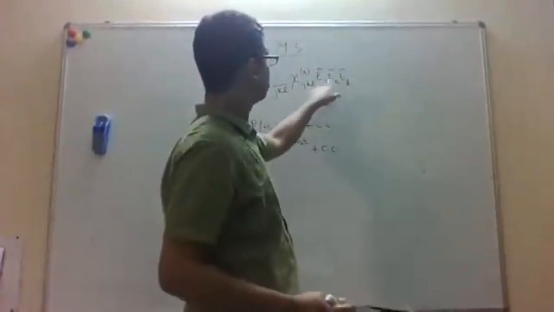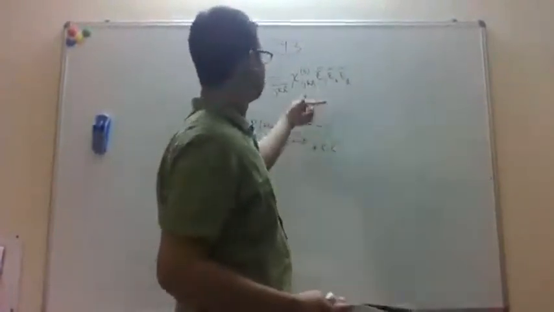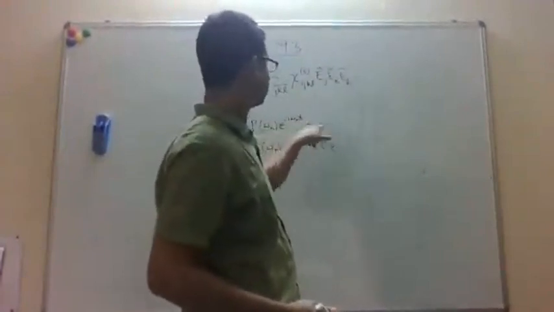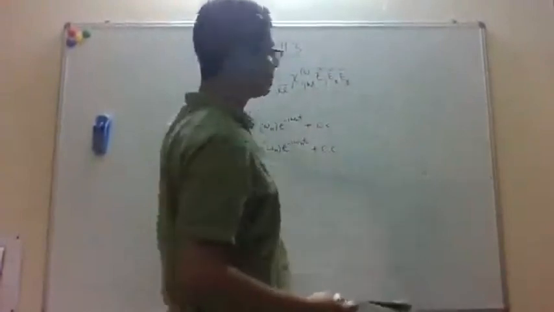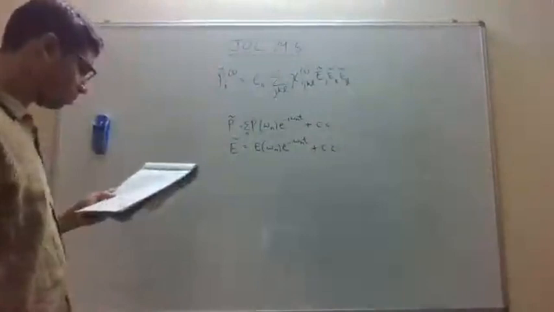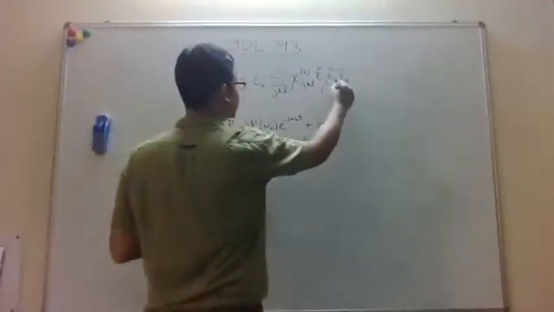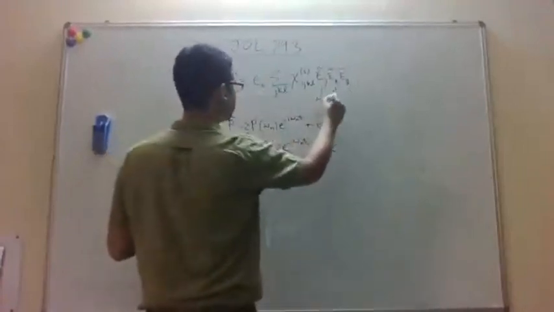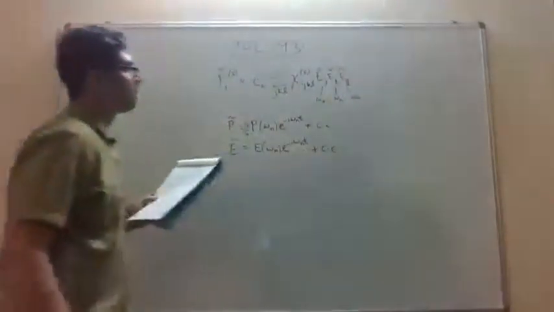Each of these would have different frequencies. You can see that they will add up or subtract because you have complex conjugates also here, to give me the frequency of the polarization. So let's say I take three different frequencies here. This is, let's say, some omega naught, this is omega n, and this is omega m.